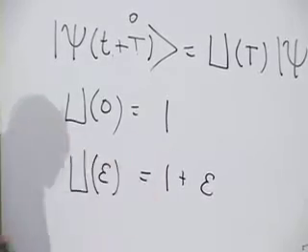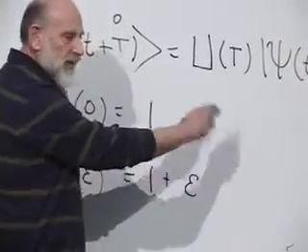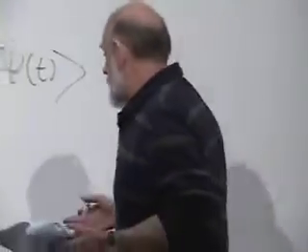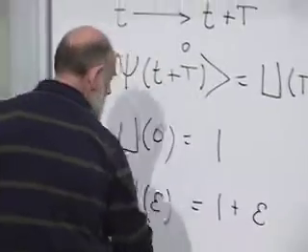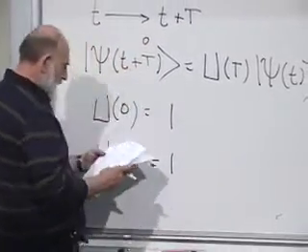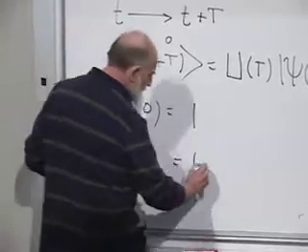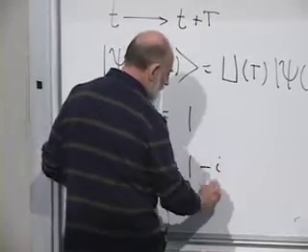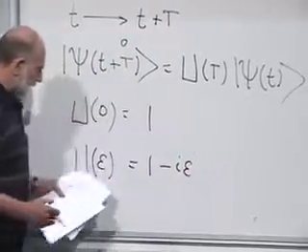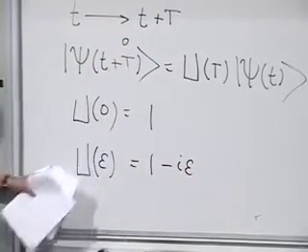We could just call it L or S for something. I'm going to write it in a very peculiar way, but the reason for it will become obvious later. This is entirely a convention, but I'm going to write it as minus, do I want a minus sign? Yes, I want a minus sign, an i, an epsilon. That's the important thing, the epsilon.